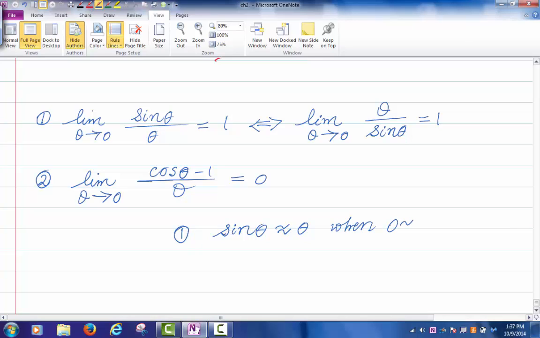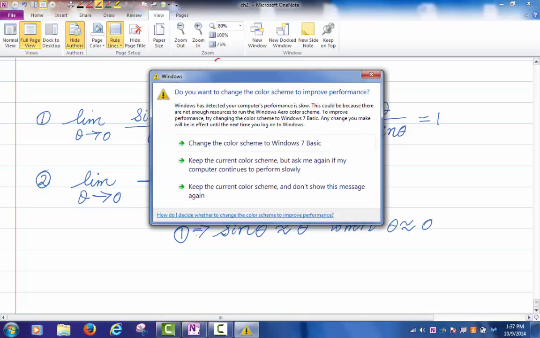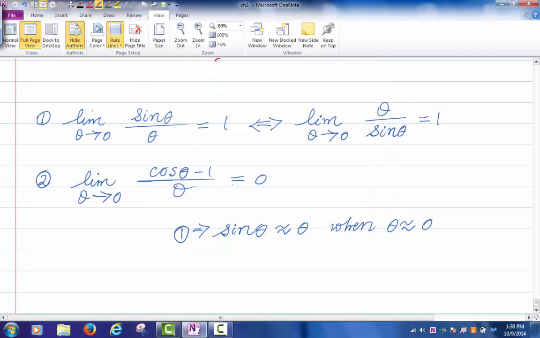Number 1, you can interpret that as when theta is close to 0, negative or positive, the value of sine theta is about the same as theta. So number 1 basically implies that sine theta is close to theta when theta is close to 0. Is that making sense? All right.